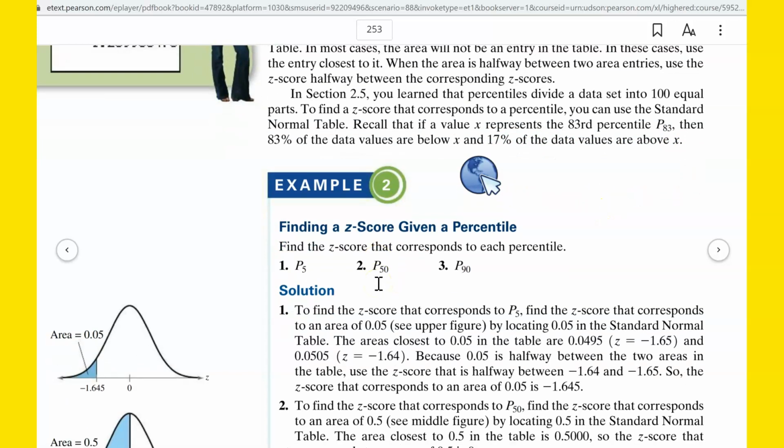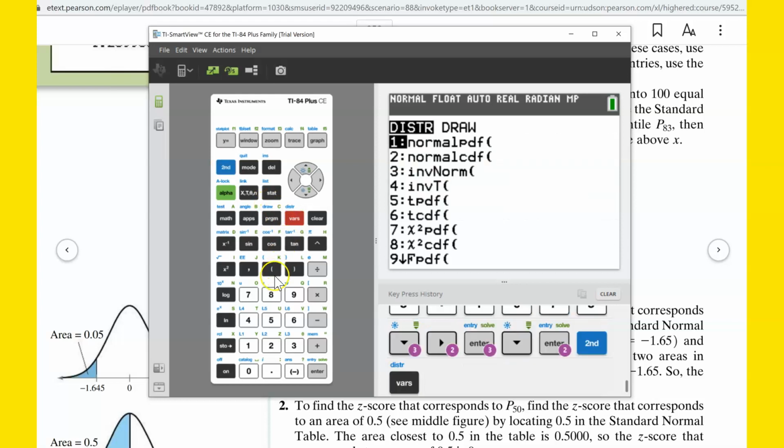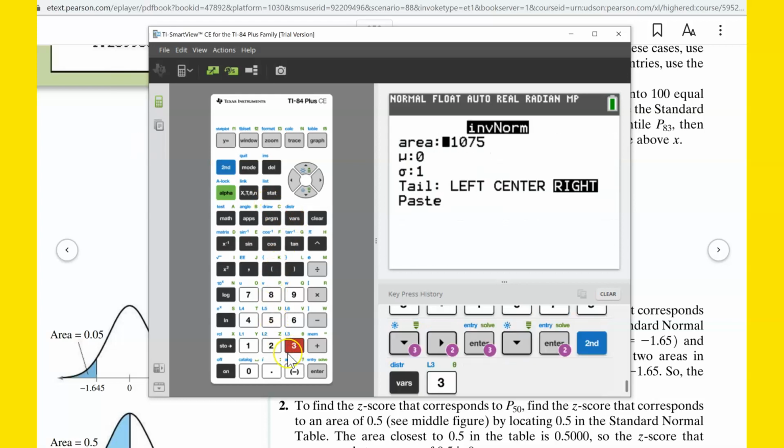So if you want to find P5, that means that 5% of the data are below that P5. It says find the z-score associated with P5. So go to second distributions, inverse normal. P5 means 5%. But as a decimal, that's not 5, it's 0.05.